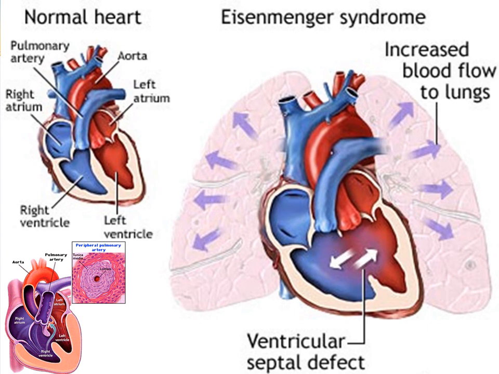There will be arterialization of the pulmonary circulation, and there will be high pressure. Pulmonary hypertension will lead to Eisenmenger, and the child will start developing cyanosis, clubbing, and signs and symptoms like cyanotic heart disease. But the heart failure will settle.